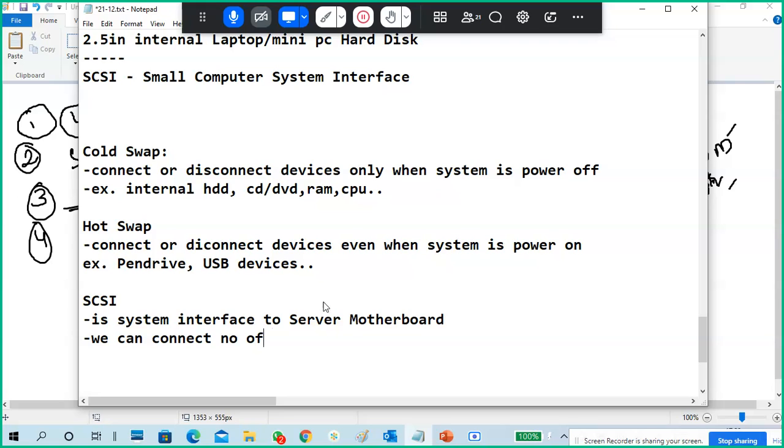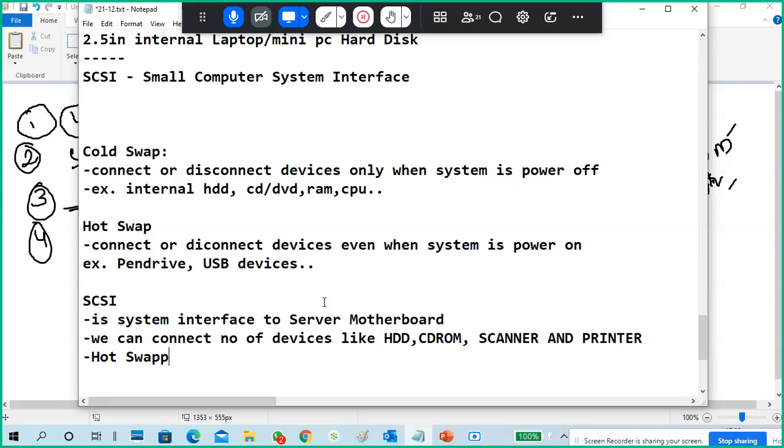Next, we can connect a number of devices like hard disk, CD-ROM, scanner, and printer. We can connect a number of devices like scanners, but SCSI type only. So remember, SCSI is hot swappable.